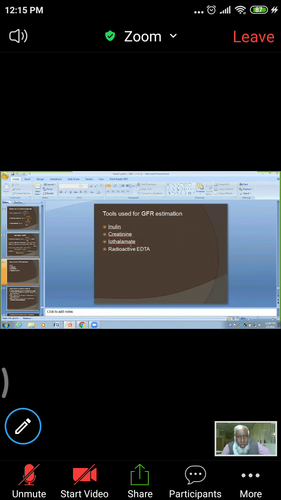And next, come to the point we wanted to discuss: tools used for GFR estimation. Inulin is mentioned first. The inulin clearance is considered the gold standard for estimation of GFR because the result is accurate.